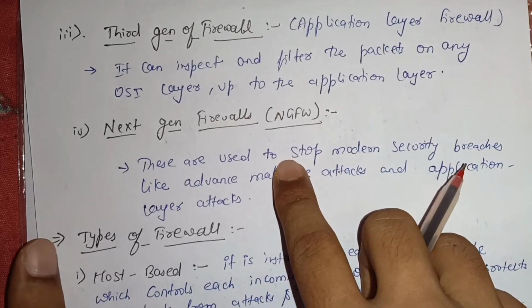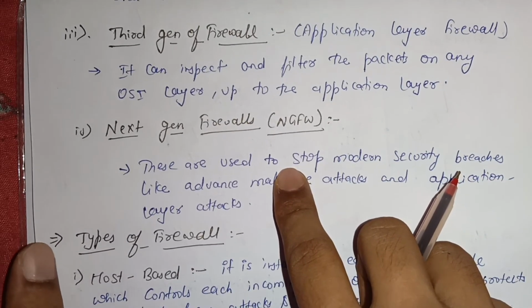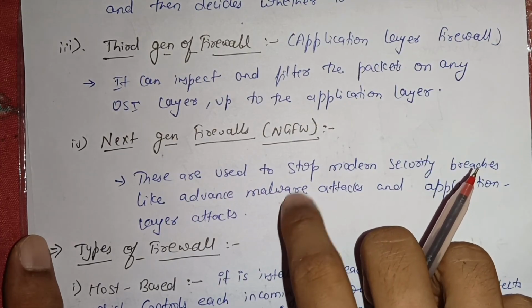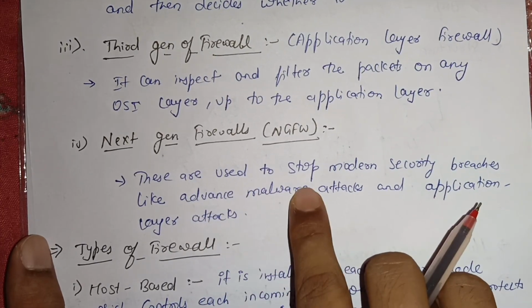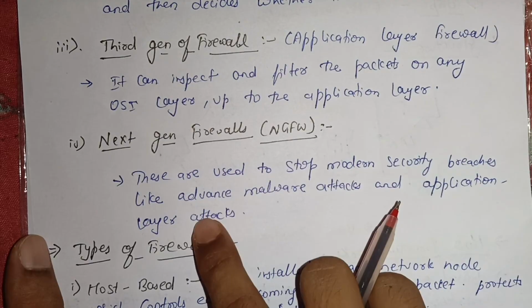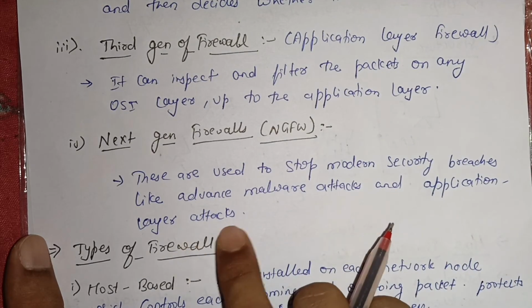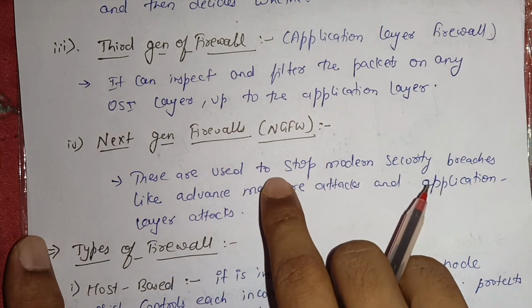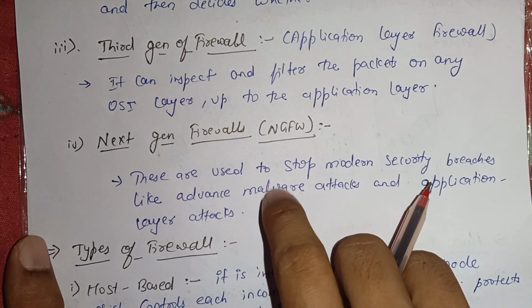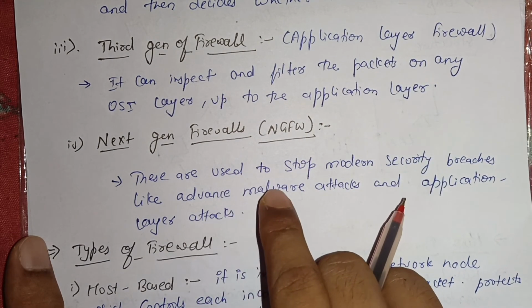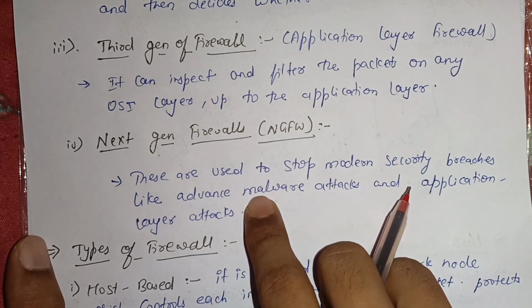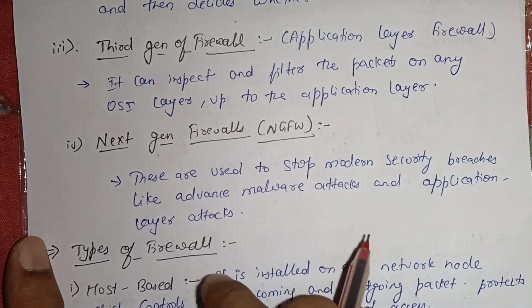And the last one is the next generation firewall. That is one of the most important firewalls and is widely used. These are used to stop modern security breaches like advanced malware attacks and application layer attacks. Most companies that have a lot of data and are trying to secure their data use this next generation firewall, because in modern times there are too many security breaches.